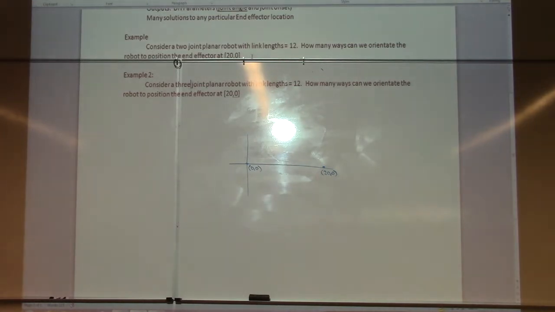So first off, the easy question, how many solutions are there? It seems like there are going to be a lot more, but there's an infinite number of solutions.